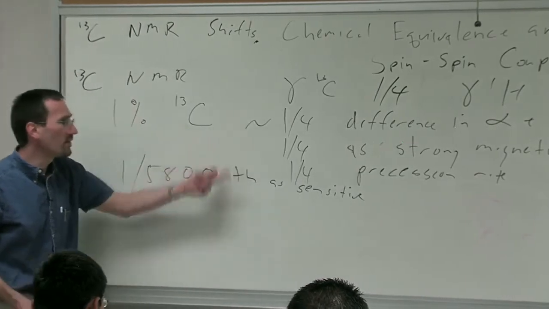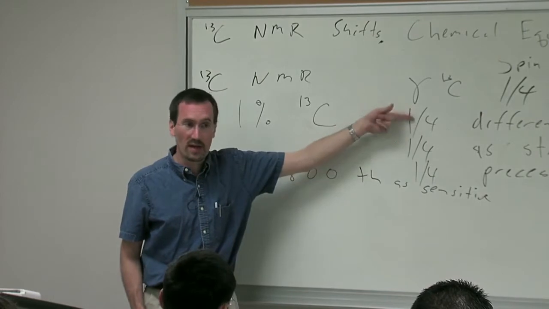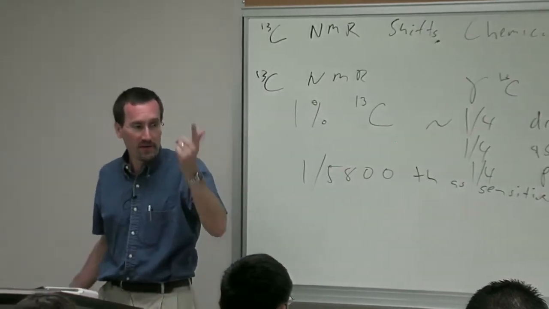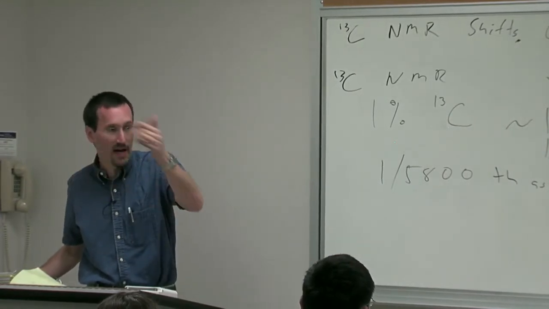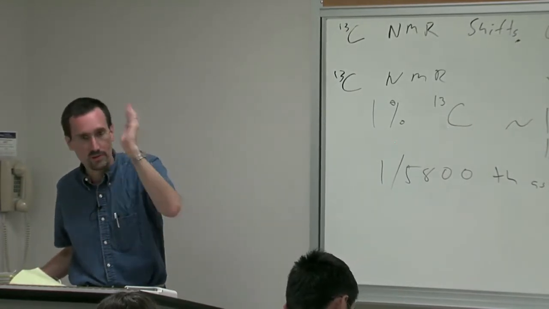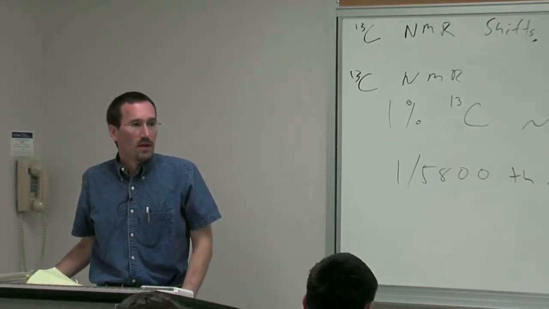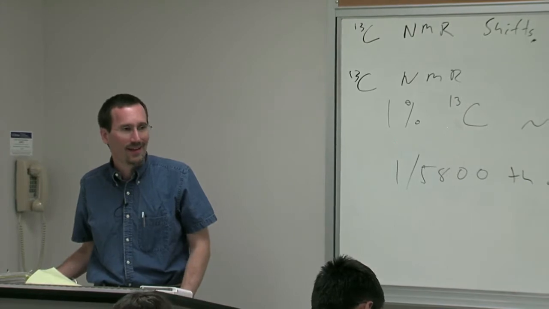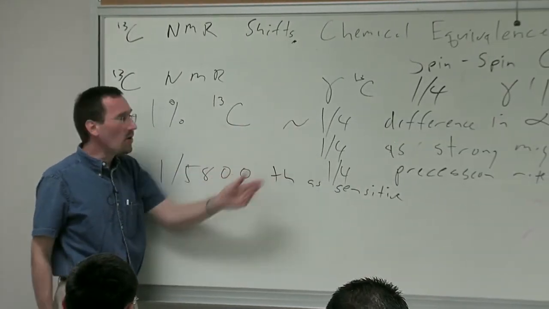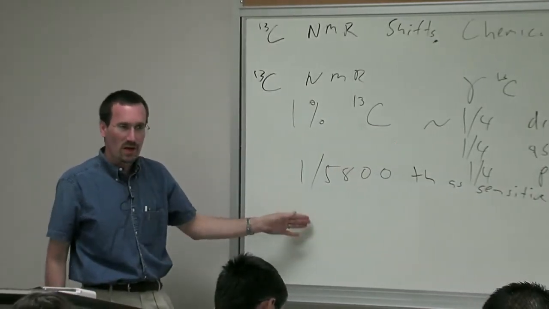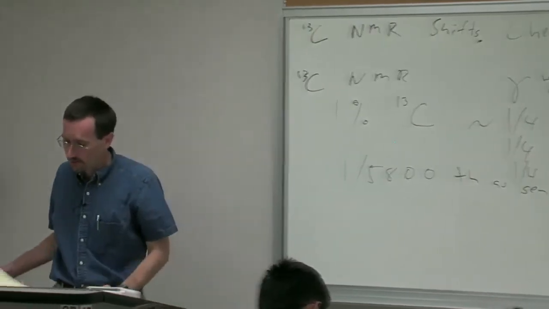So for all of these reasons, in addition to a smaller magnet, you've got fewer of them, because even if you give a 90-degree pulse, you get only a quarter the magnetic dipole from having only a quarter as many nuclei going down into the XY plane. Is that a quarter of what? Compared to protons. So carbon is a much less sensitive technique than proton NMR spectroscopy.